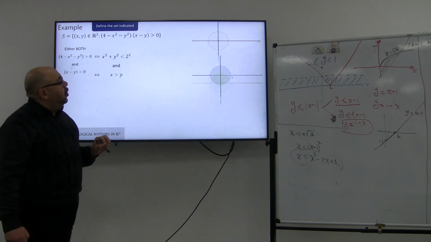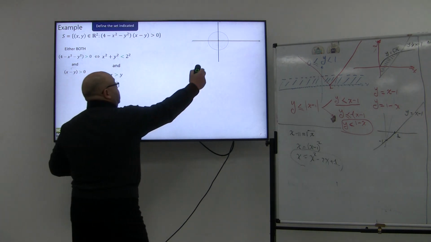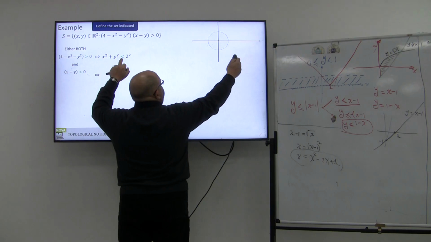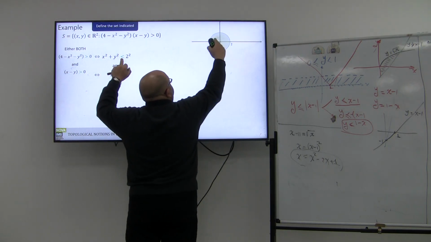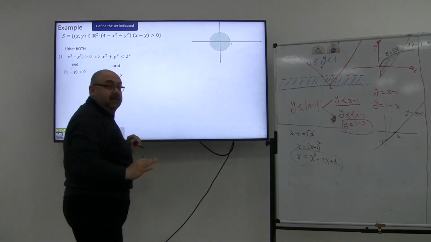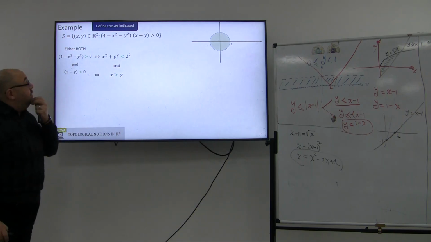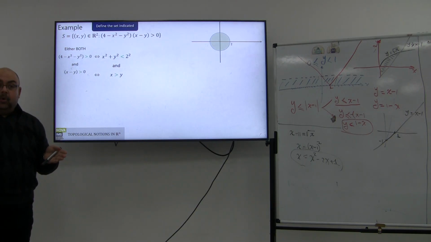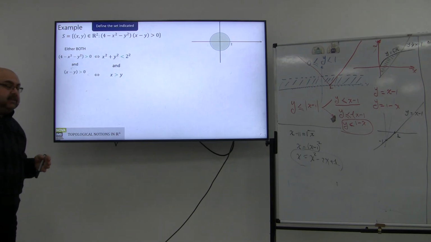That's the shape of the circle. Here is the circle, that's the boundary, if it is equal. And since I'm talking about less than, I have the points inside the circle. Okay? So points inside the circle lead to a positive bracket.